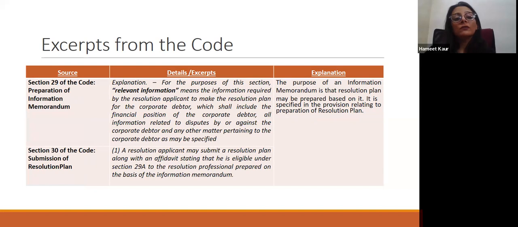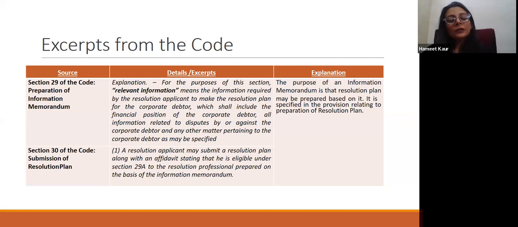So one has to be very sure to follow the explanation of the relevant information. And what it means is the information required by the RA, what all information an RA might require to make the plan, which shall include not only the financial position, all the information related to disputes and any other matter pertaining to the CD as may be specified.